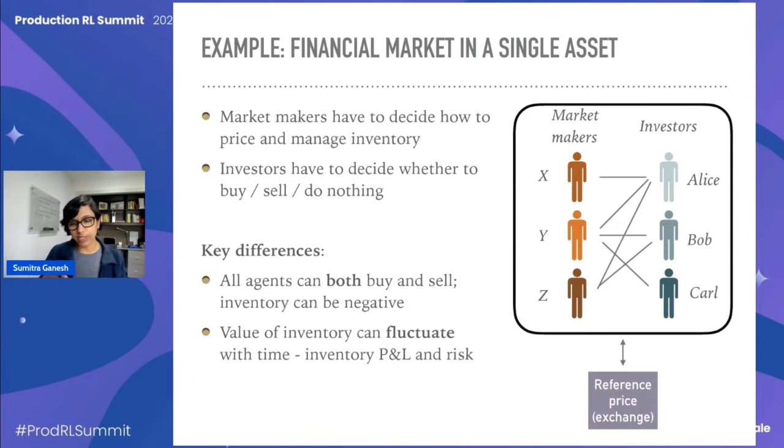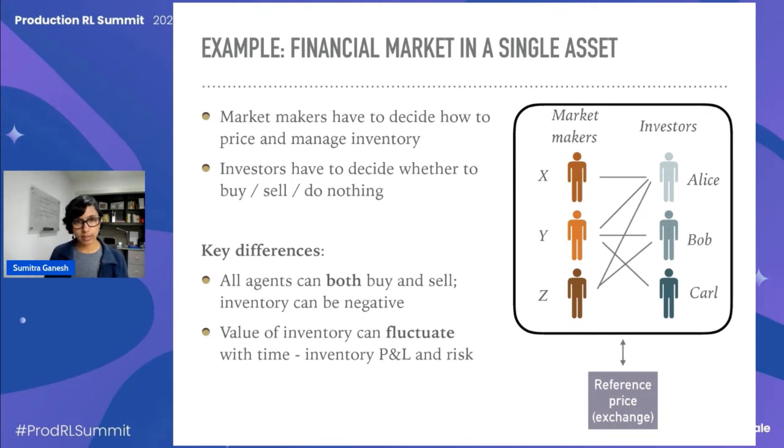And that is because the value depends on the reference price for the asset at the exchange. And this kind of fluctuation gives rise to what we call inventory profit and loss, or inventory P&L. And of course, you hope it's more profits than loss. And it also gives rise to risk that comes from the uncertainty of the value of the inventory.